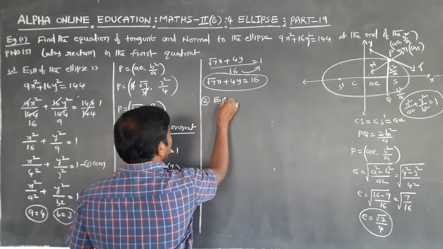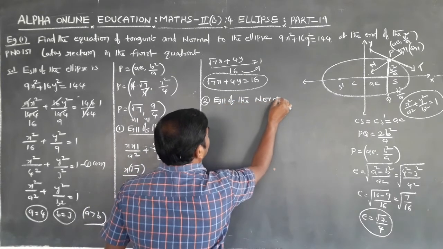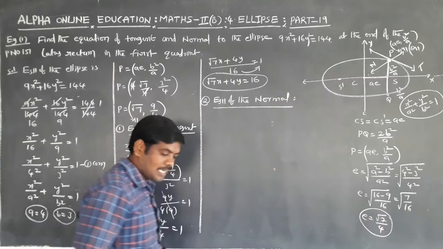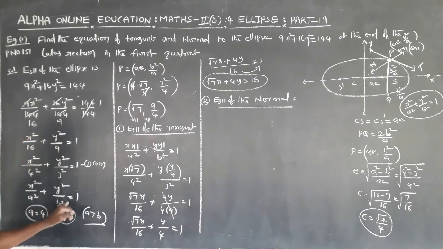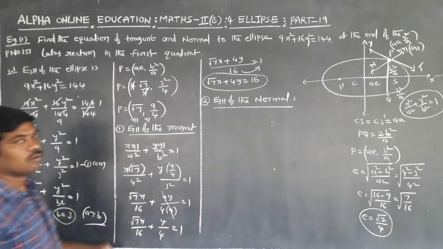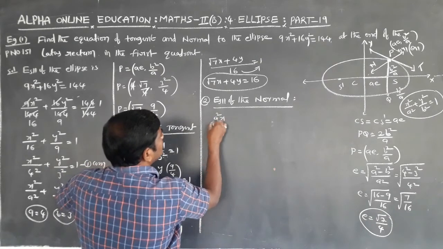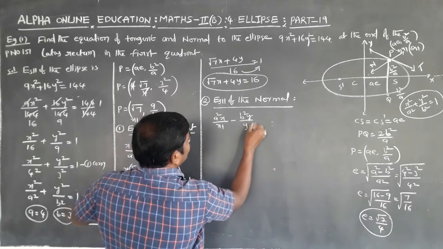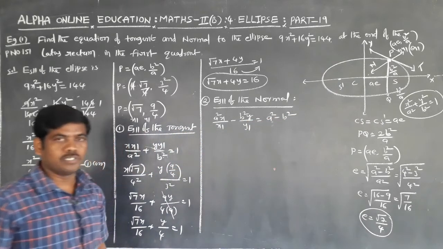Second one is the equation of the normal. Equation of the normal to the ellipse x square by a square plus y square by b square equal to 1 at the point P(x1, y1) is a square x by x1 minus b square y by y1 equal to a square minus b square.